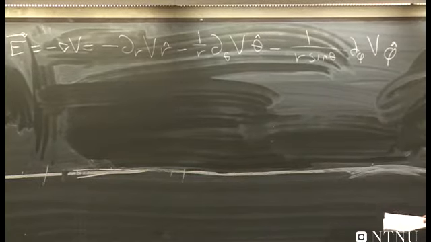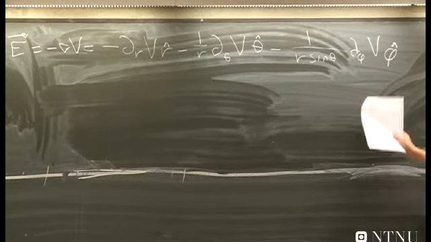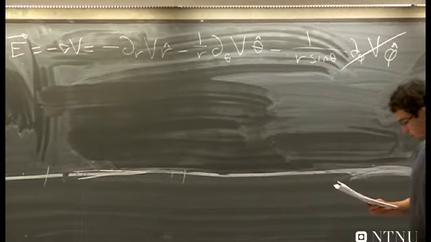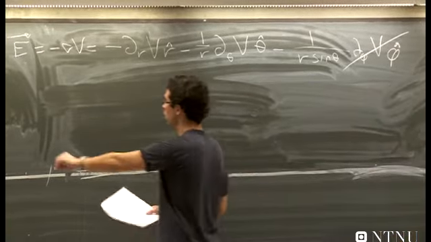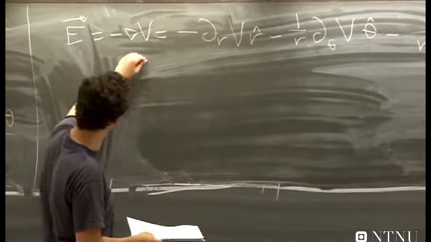Now, of course, there's a rotational symmetry here if I put the charges on the z-axis. So that means I can just neglect this term. And the result is the following.